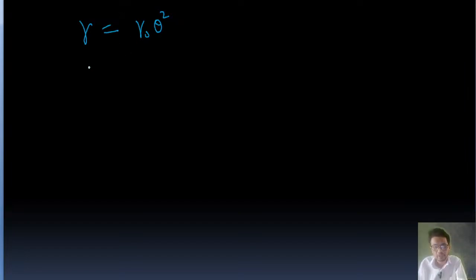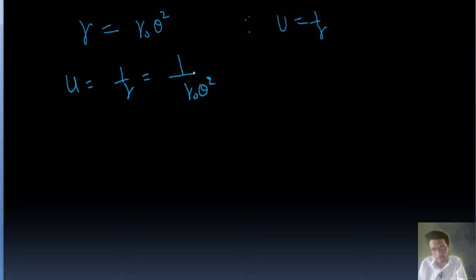Since u equals 1 upon r, or r equals 1 upon u, as we have studied in central force problems, this implies u is going to be 1 upon r, and that is 1 upon r naught theta square.